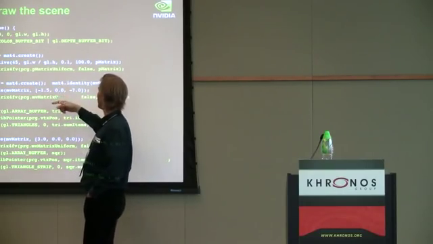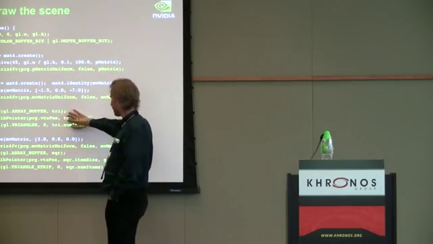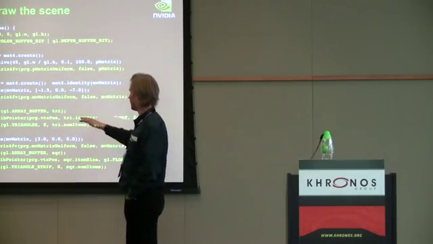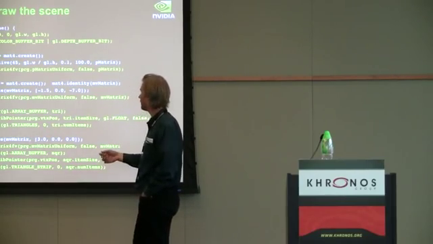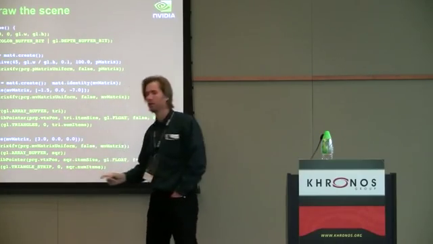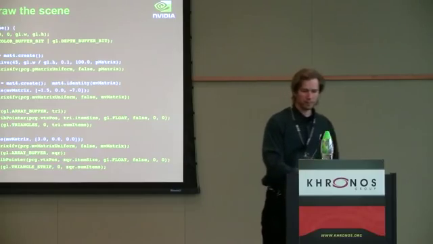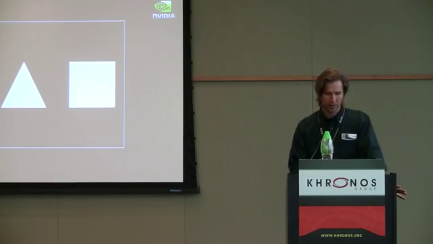And then the model view matrix, let's assign it to the correct uniform. And then let's put the triangle data into the correct buffer, and let's draw the triangle, move the square, and let's draw the square. And that's it. There's the output. So this completes the graphics part.